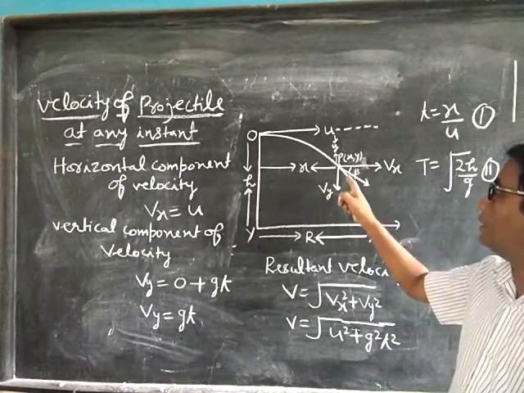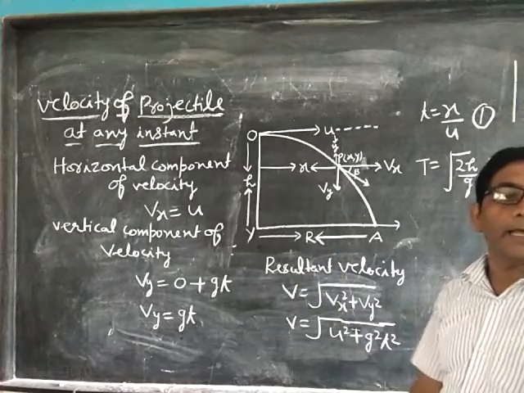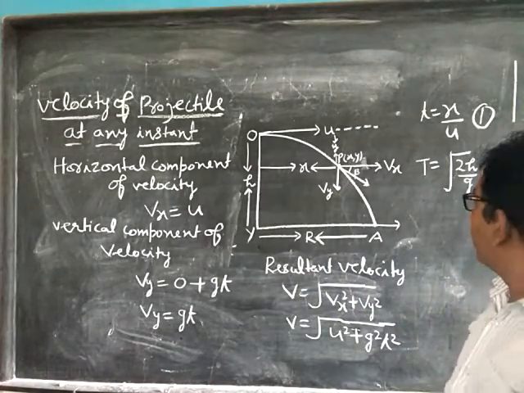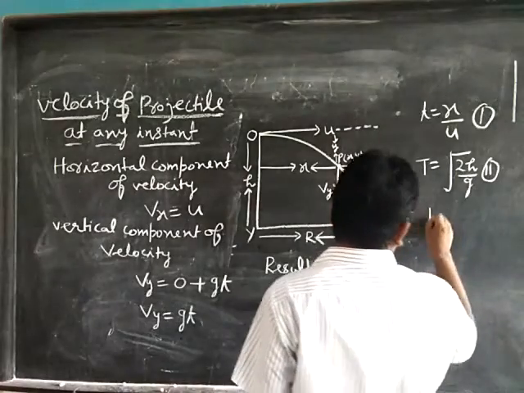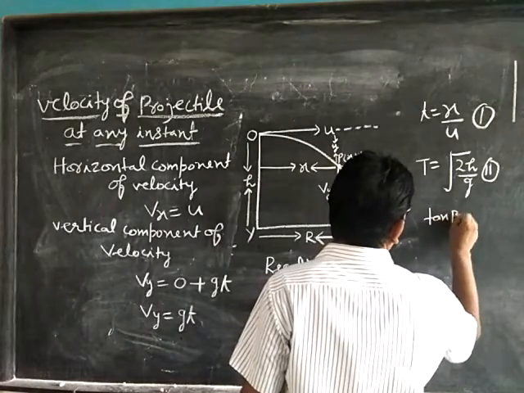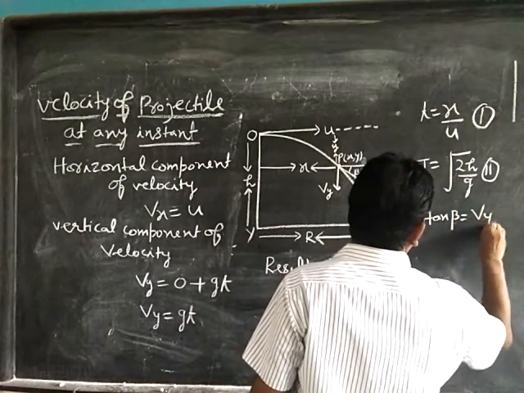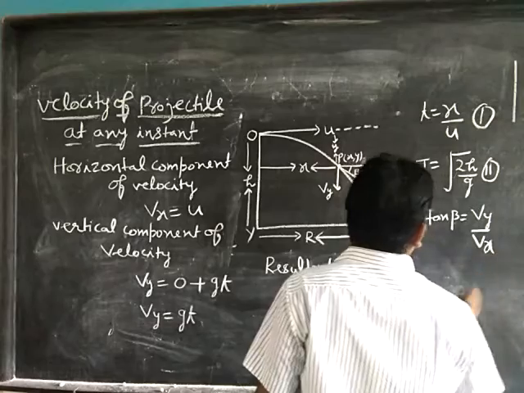Suppose velocity V makes an angle beta with the horizontal, then tan beta is equal to Vy upon Vx.